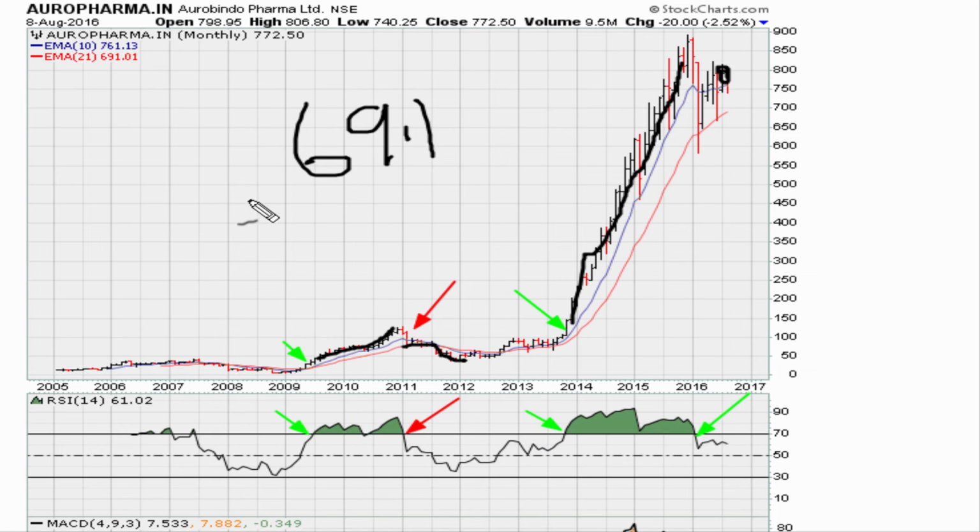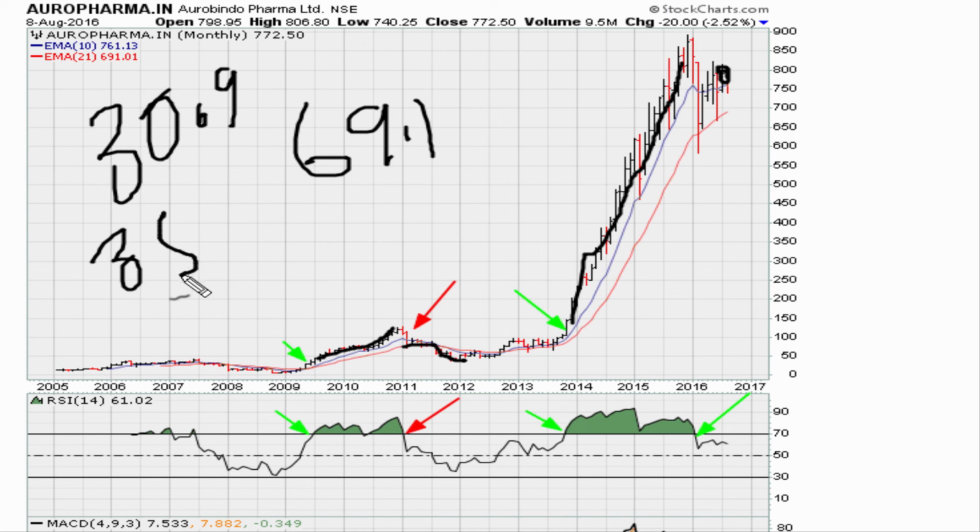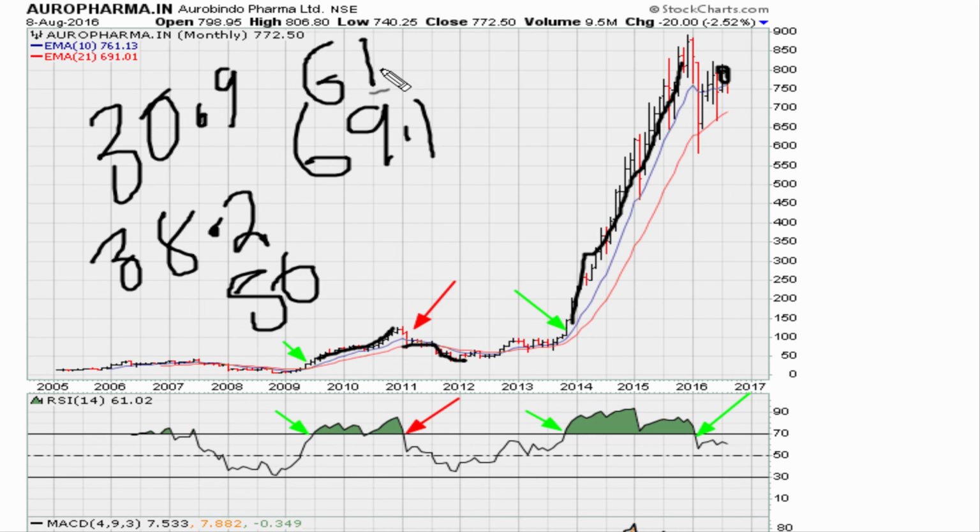So by understanding what happens when stocks move below and above the critical levels that I'm discussing here, 30.9, 38.2, 50, 61.8 and 69.1, it gives you some insight into what to expect generally in the stock's direction.